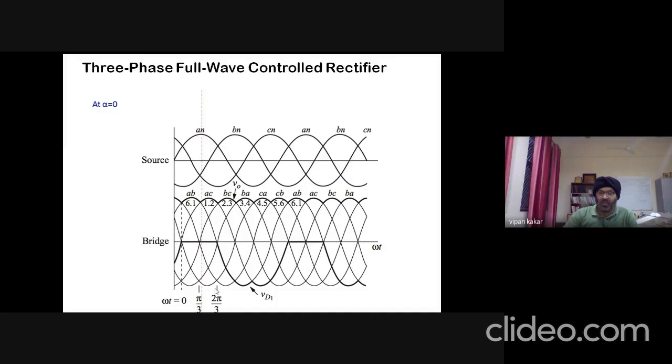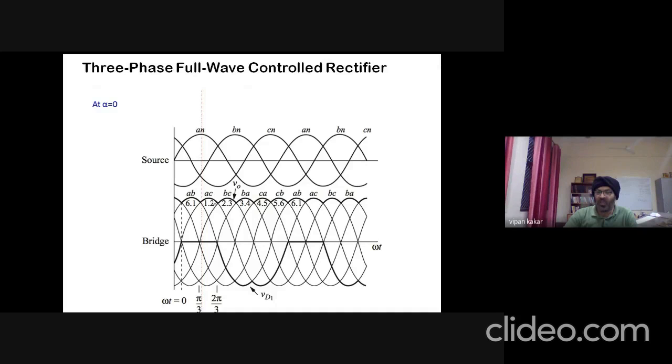Now the thing is that, as we saw in the conditions over there, at every 60 degrees these thyristors should be turned on, not before that. So pi by 3, which is 60 degrees. So every pi by 3, a new thyristor should be turned on.